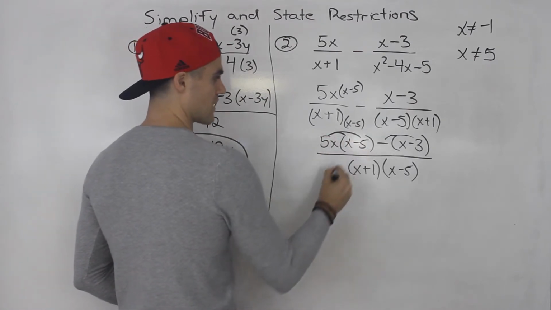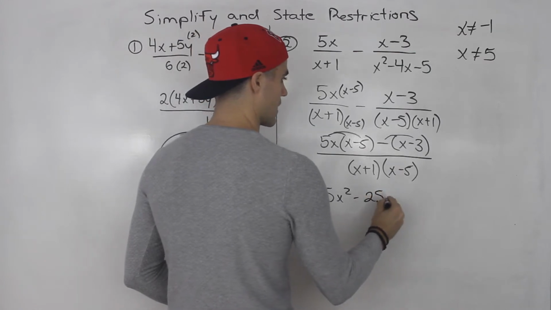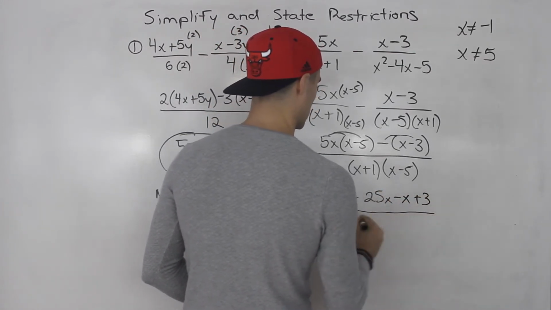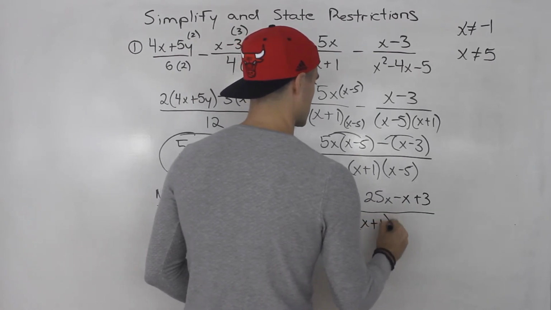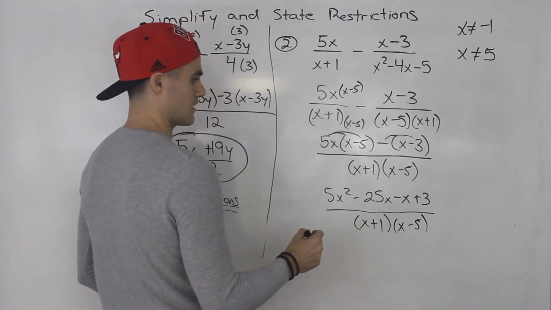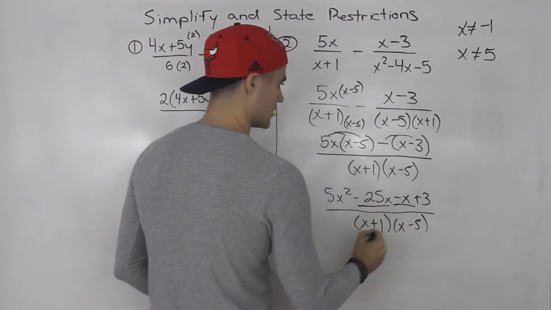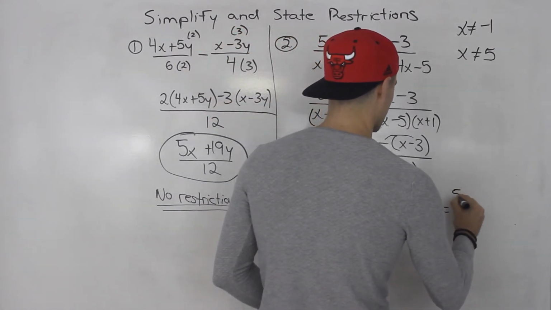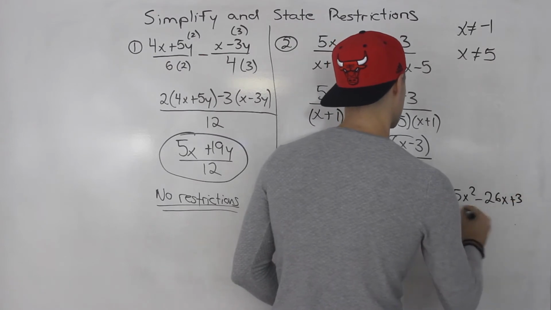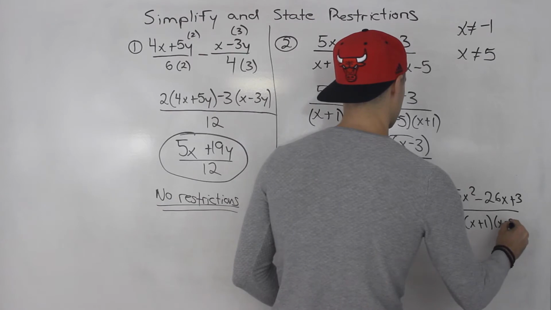So when we distribute this 5x here, we'll have 5x squared minus 25x minus x plus 3 all over that denominator of (x plus 1)(x minus 5). And then negative 25x minus x, those are like terms. So that simplifies to 5x squared minus 26x plus 3 all over (x plus 1)(x minus 5).